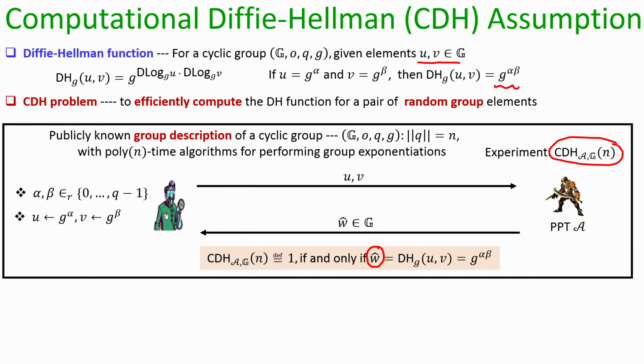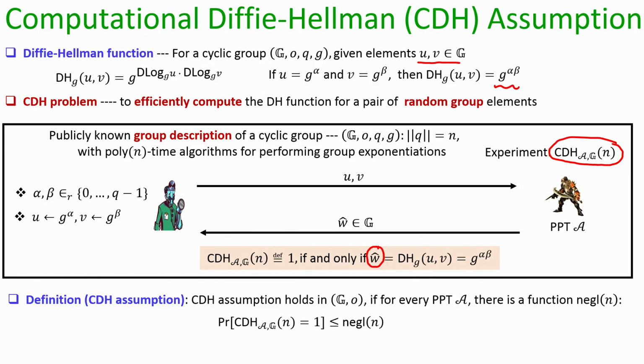So, the challenge here for the adversary is to compute g to the power alpha times beta without actually knowing alpha and beta, which are randomly chosen by the challenger. And the CDH assumption says that the CDH assumption holds in the group G comma o if for every polytime adversary participating in this experiment with respect to the group G comma o, the probability that the adversary can win this experiment or solve the CDH problem is upper bounded by some negligible function in the security parameter.